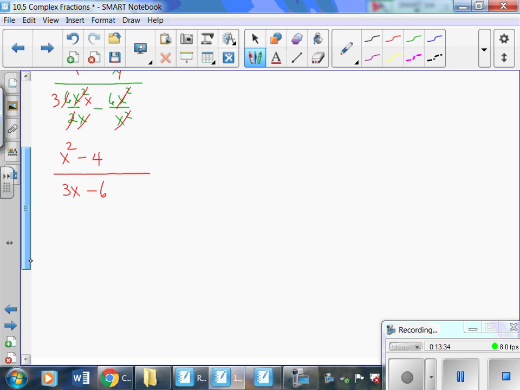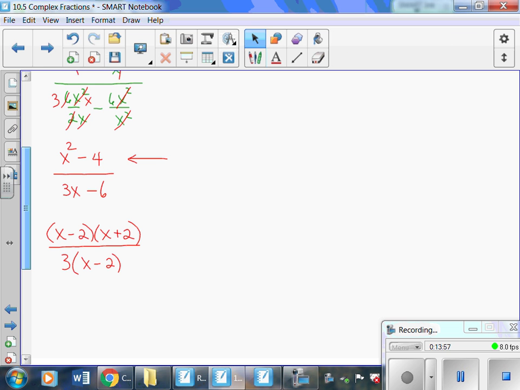So we have a little bit more that we can simplify, because hopefully you've got red flags going off right here, because we know that's the difference of 2 perfect squares, which is going to be x minus 2, x plus 2, all over, and my denominator, I can easily factor out a 3 to an x minus 2, and we get to factor out again.